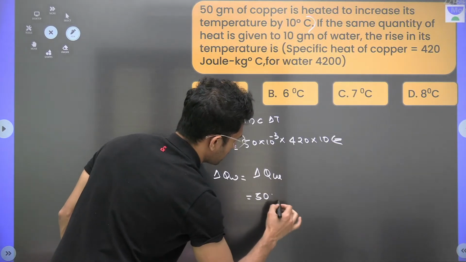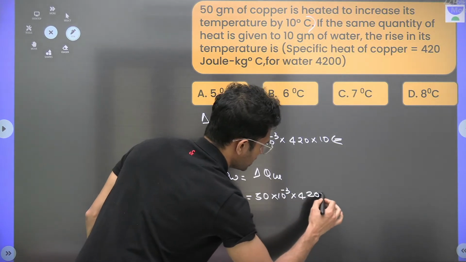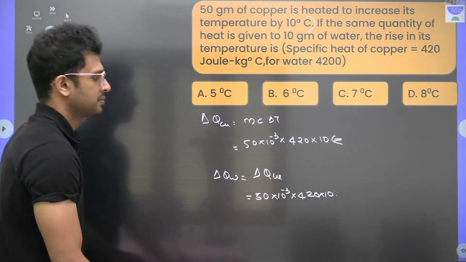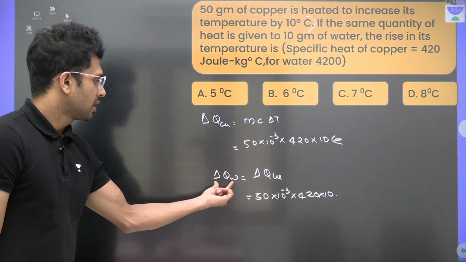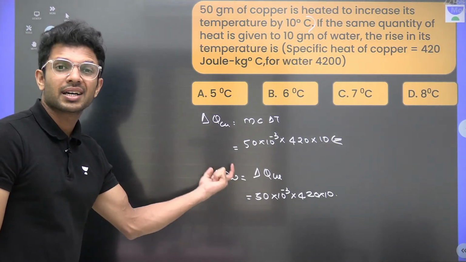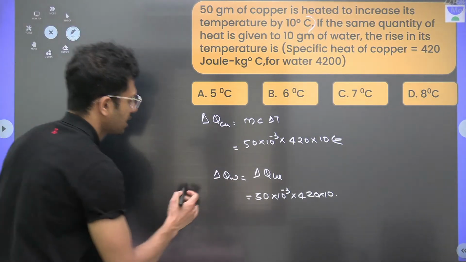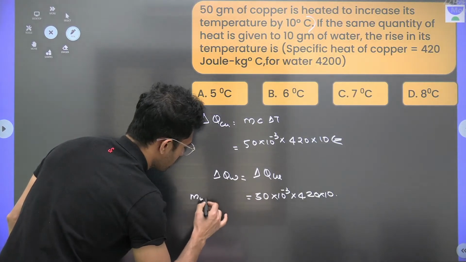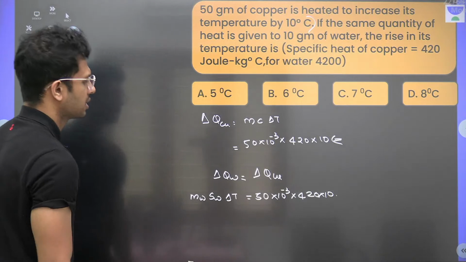That is 50 into 10 power minus 3 into 420 into 10. This is the value. Now, delta Q of water, the amount of heat energy given to water, how can we write it as a formula? Very simple. Mass of water, specific heat capacity of water, change in temperature of water.